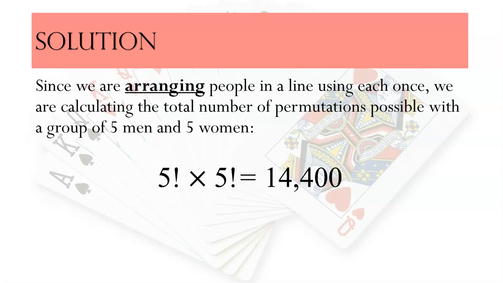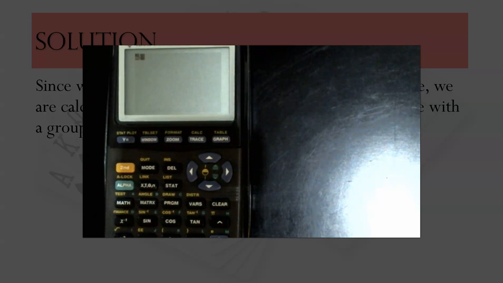We have 5 groups of people to choose from for each of this. So since we're using all 5 men and all 5 women, that would be a double factorial. 5 for the men, 5 for the women. You can plug this all in at once. So I'm going to do 5 factorial.